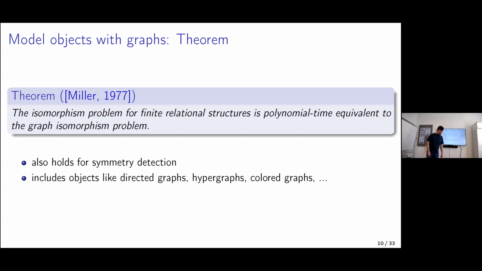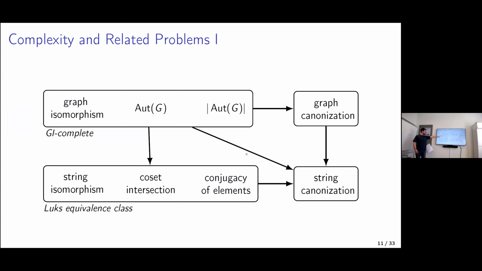All right. So now I've kind of argued that we can focus on graphs. So graph isomorphism is in some moral sense complete for the class of all symmetry detection problems. So this is one complexity class. It's called the GI-complete problems. These are problems that are polynomial time equivalent to the graph isomorphism problem. I also have this on this next slide here. So these bubbles mean polynomial time equivalent problems.